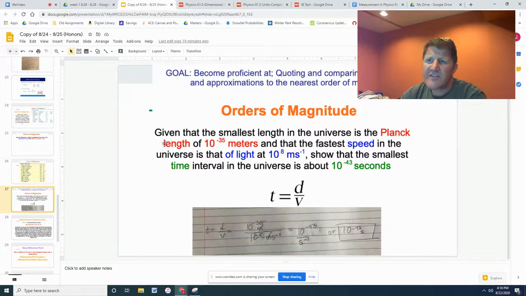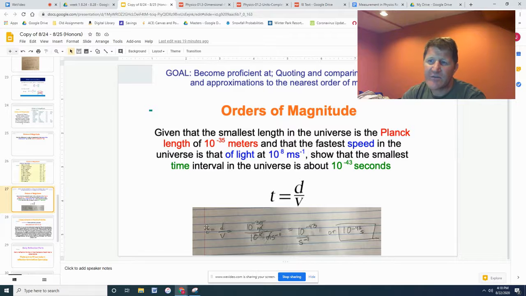All right, so here's another one. Given that the smallest length in the universe is a Planck length of 10 to the negative 35th meters, and the fastest speed is the speed of light at 3 times 10 to the 8th meters per second, show that the smallest time interval in the universe is about 10 to the negative 43 seconds, okay? So we're just going to focus on that order of magnitude, the 10 to the negative 35th and the 10 to the 8th.